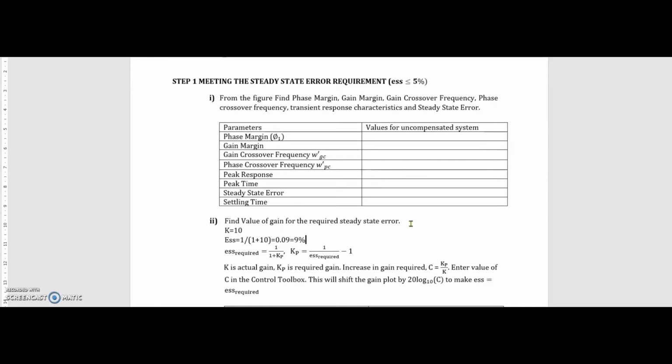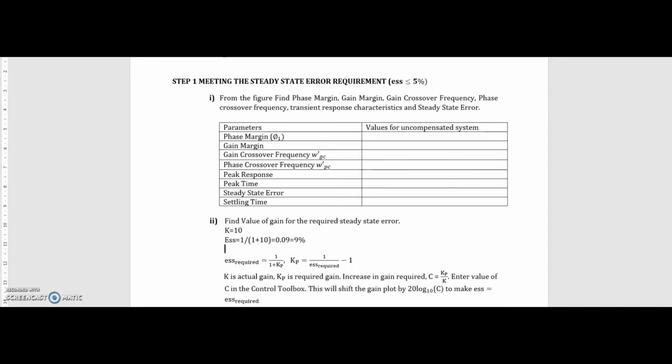And now suppose instead of 9% we want the system's steady state error to be 5%. So what we will do is find out what the gain of the system should be for 5% error by the same formula. As written here, ESS required is equal to 1 by 1 plus Kp. From here we calculate Kp.